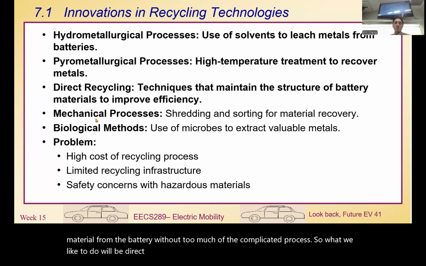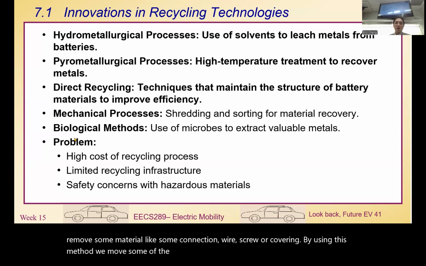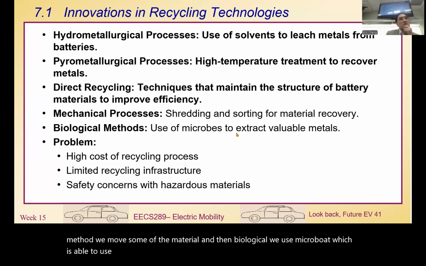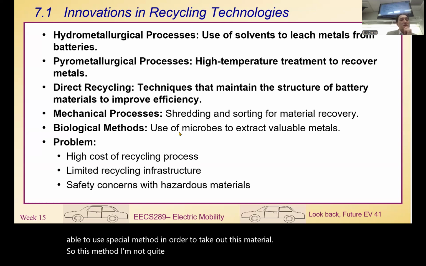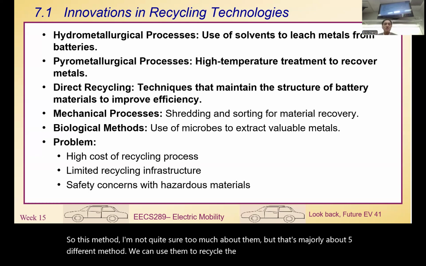And sometimes with mechanical processes, we can just remove some material, like connection wires, screws, or covering. And biological methods use microbes, which are able to take out this material. I'm not quite sure about this method, but that's majorly about 5 different methods. We can use them to recycle the battery or some electronic components.